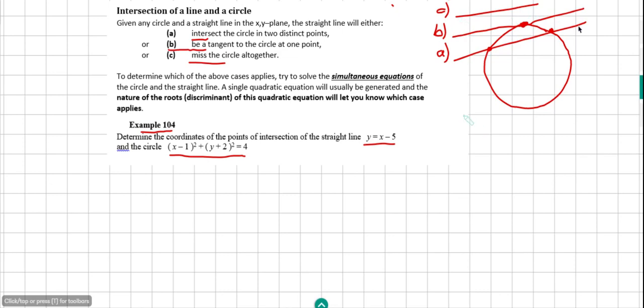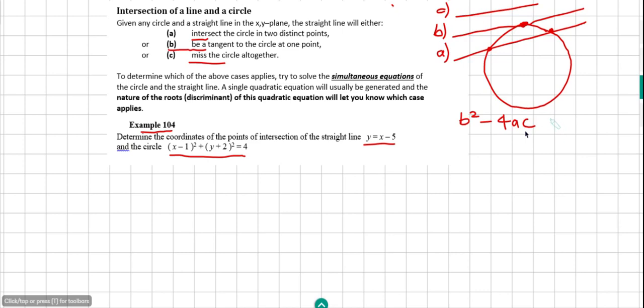So if we think about the actual discriminant itself, that's the b squared minus 4ac. And so the bit underneath the square root of the quadratic formula.